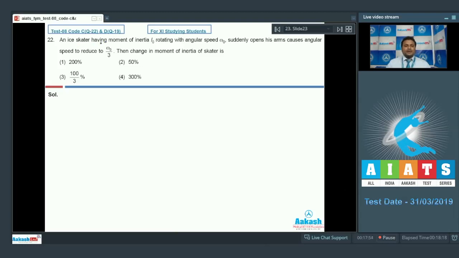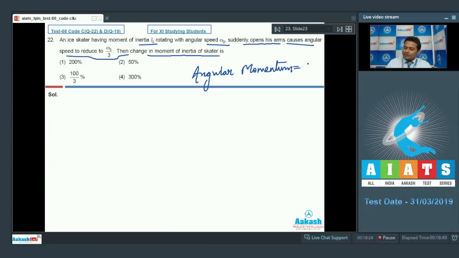An ice skater having moment of inertia I naught rotating with angular speed omega naught suddenly opens his arms, causing angular speed to reduce to omega naught by 3. Then what will be the percentage change in moment of inertia? Now, since there is no torque acting from the outside, we can say that angular momentum will be conserved. Angular momentum of the skater will be constant or conserved.